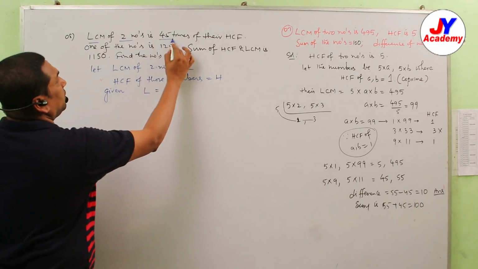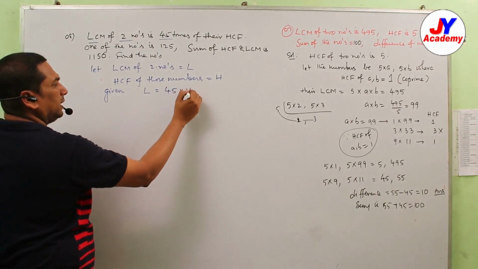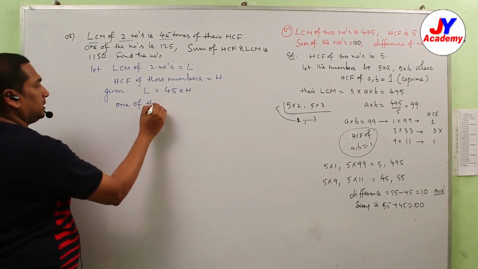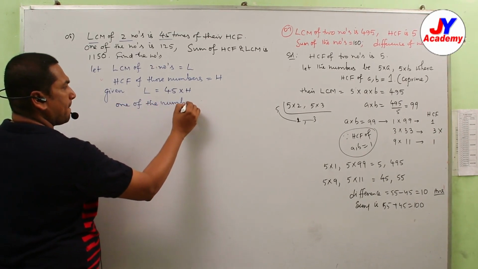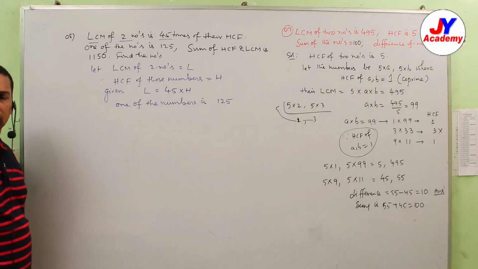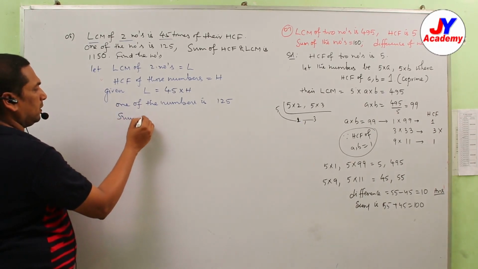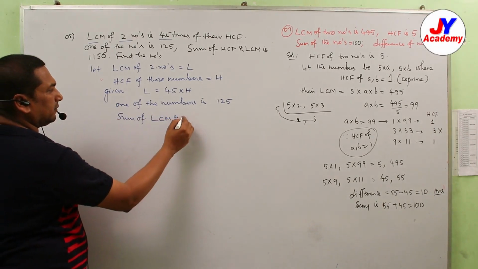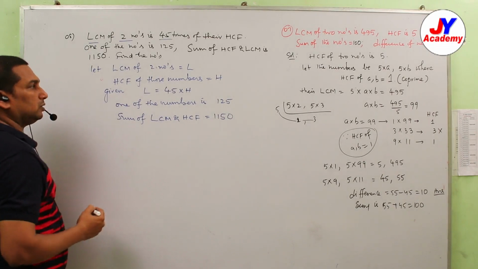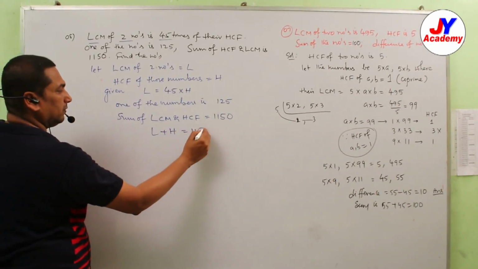Now, the LCM is 45 times their HCF. One of the numbers is 125. These are all given data. The sum of LCM and HCF is 1150. So L plus H is equal to 1150.